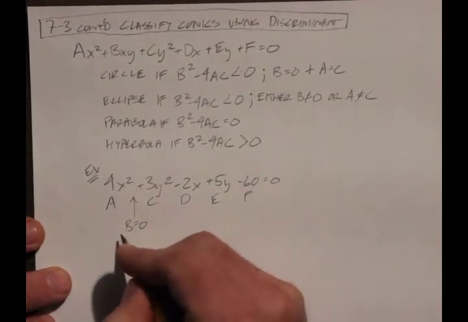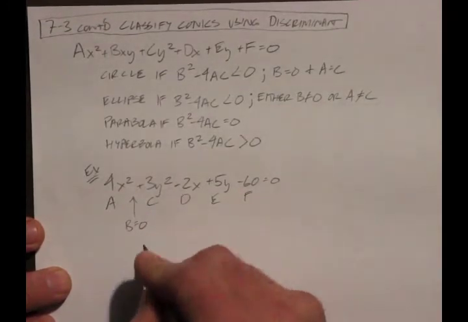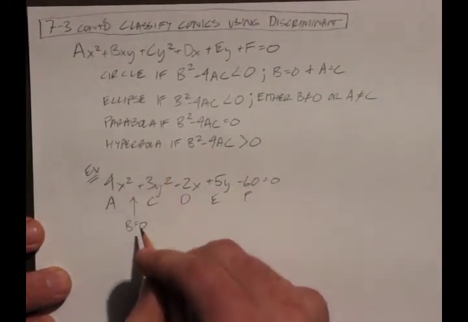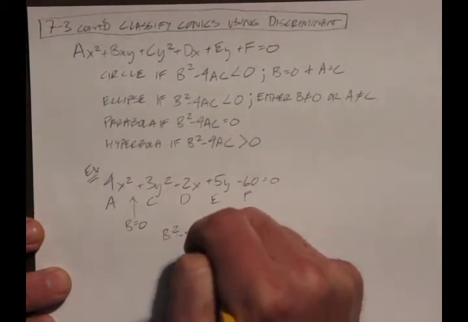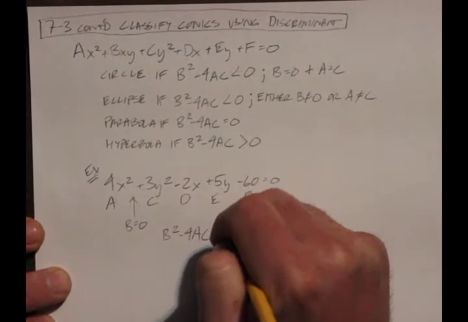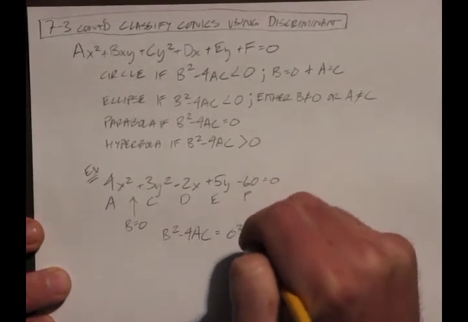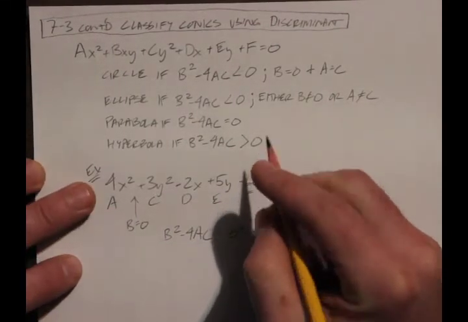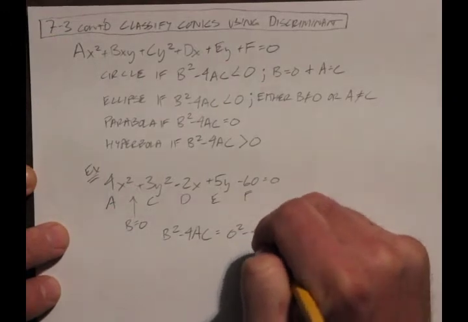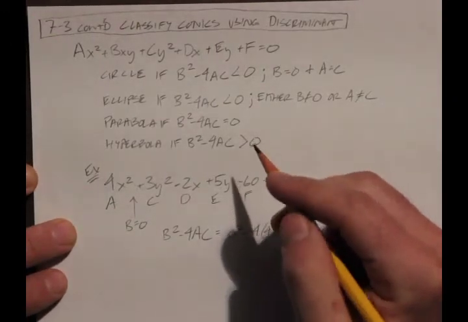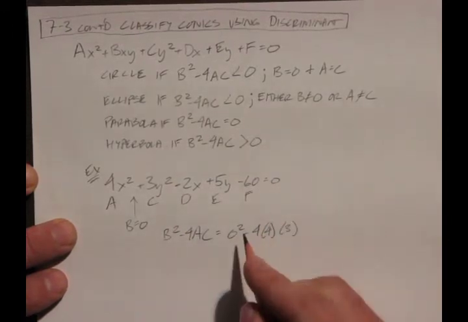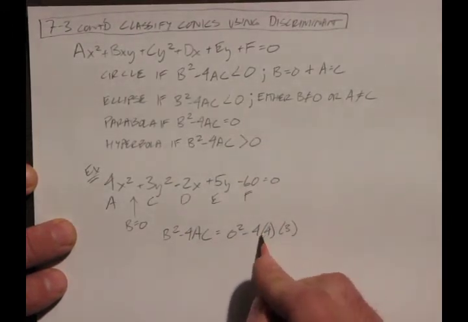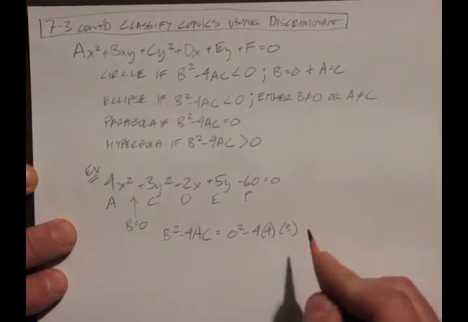Now if I set up my discriminant, I would have b squared minus 4ac, so that is 0 squared minus 4 times a, which is 4, times c, which is positive 3. And so I'm going to end up with negative 16 times 3, negative 48.